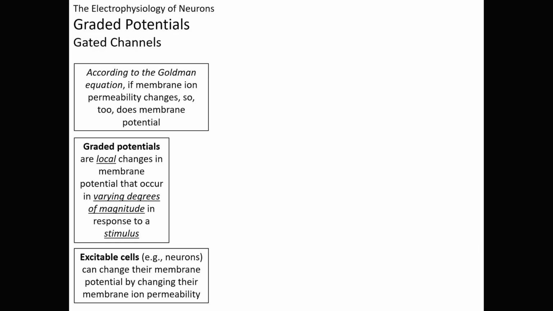Only some of our cells, neurons being a great example, but also think skeletal muscle cells, can change the value of their membrane potential by changing how permeable they are to these various ions like sodium, potassium, and chloride. Okay? So that's what makes you an excitable cell, your ability to change your membrane potential by changing your membrane ion permeability. So just a few definitions to get out of the way there.